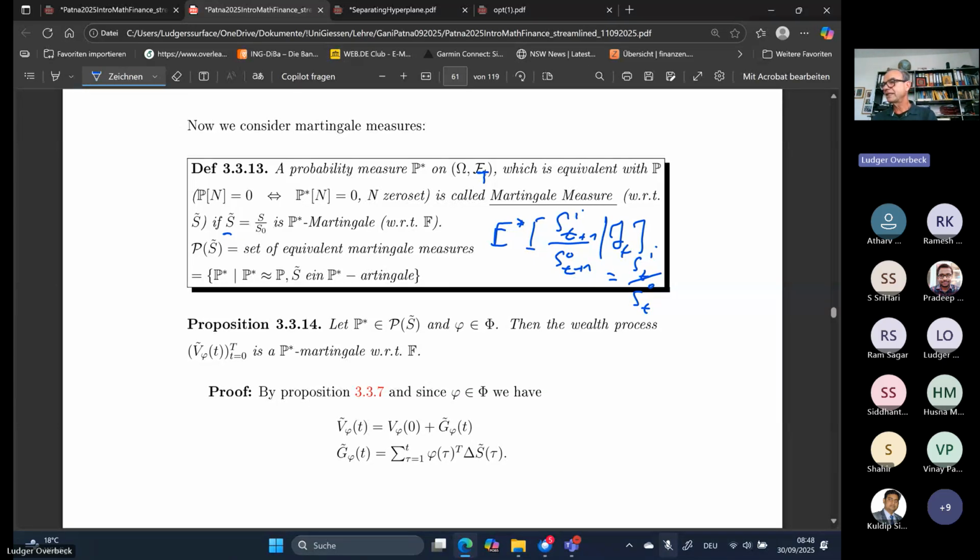This means your expected gain on the discounted prices is the same. Or you can rewrite it and say, okay, your gain is the same as the riskless rate, let's say the interest rate, a simple one. So that's the simplest way to put it economically.